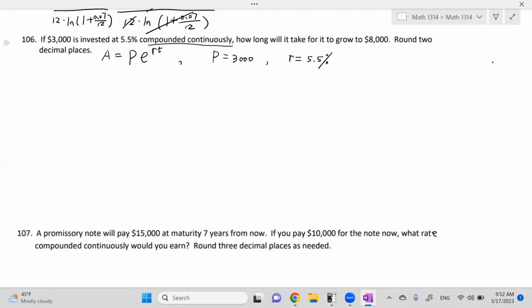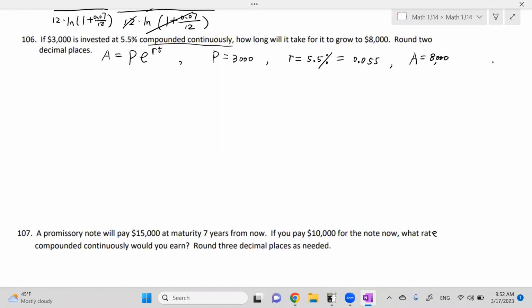Can you convert it to a decimal? Yes. Move the decimal point to the left two places. I'm having 0.055. And what's next? Okay, future value. We say A equals 8,000.